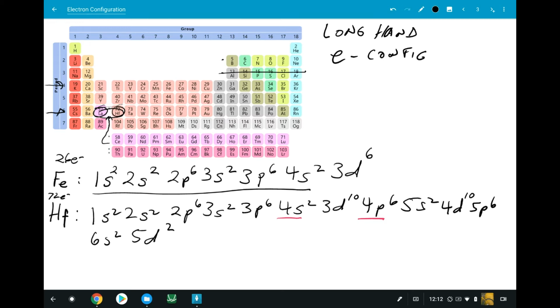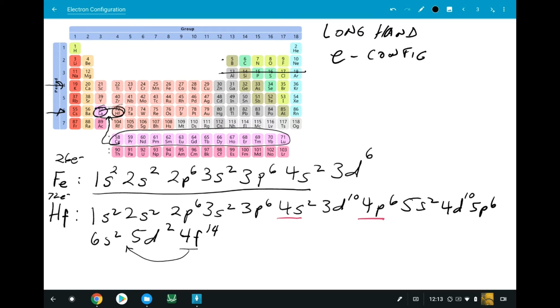And then I'm going to squeak in that block in there, looking again at the light purple, and I'm going to put 4f14. Okay? So that 4f14 could be put right in between the 2 right on this end, but I'm leaving it like this.